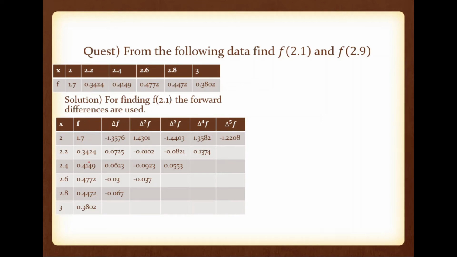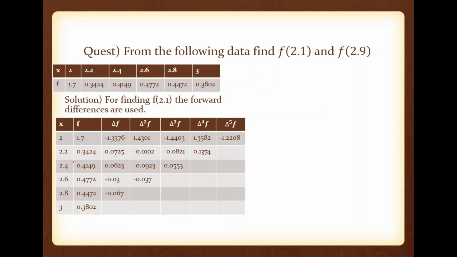So by using this f data, we have to find delta f, means first forward difference. So 0.3424 minus 1.7, that is minus 1.3576. 0.4149 minus 0.3424 is 0.0725.